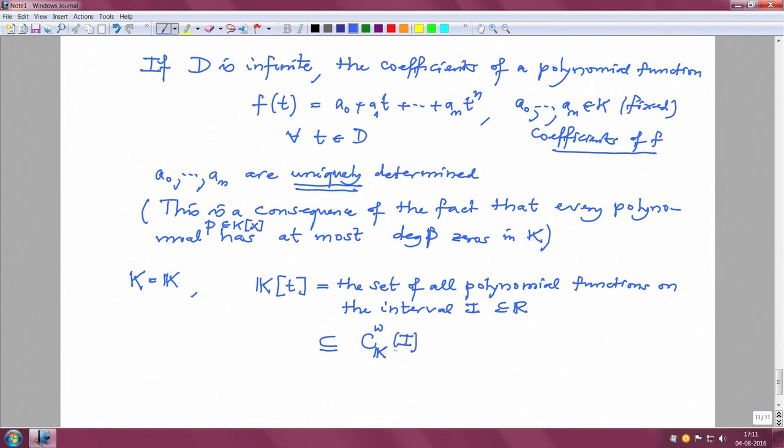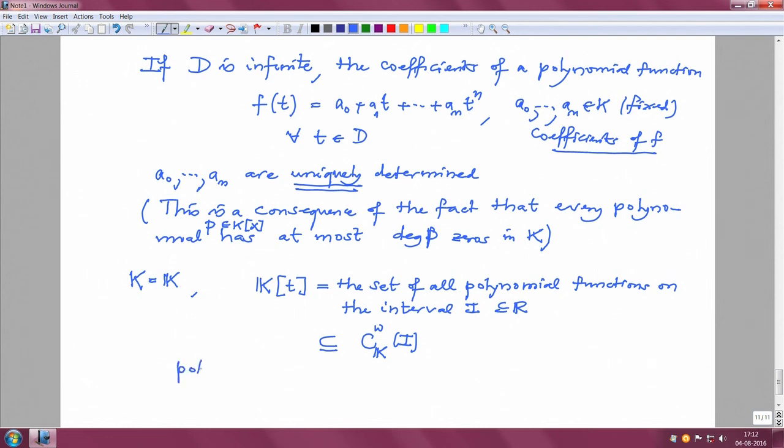Just remember, just now we have seen this C omega of I is the space of all analytic functions on the interval I, and we have seen it is a subspace, and analytic means every point has a small interval around it where this function has a power series expansion, but these are actually polynomial functions. So in particular they have power series expansions. That means polynomial functions are analytic functions.